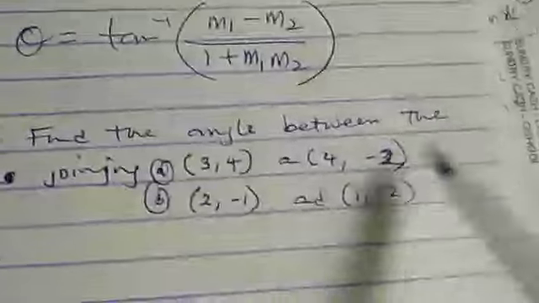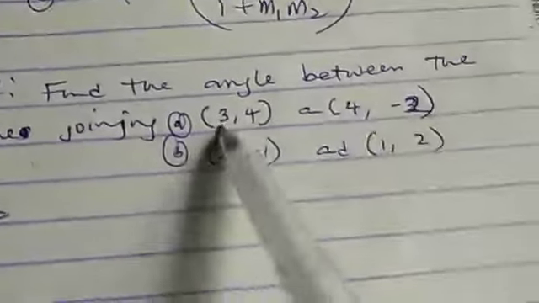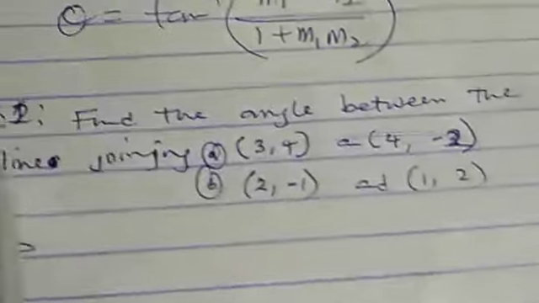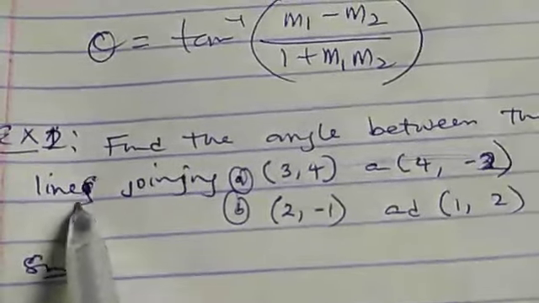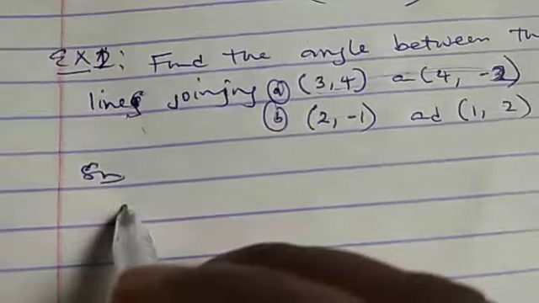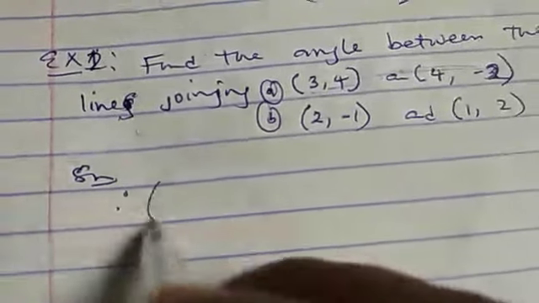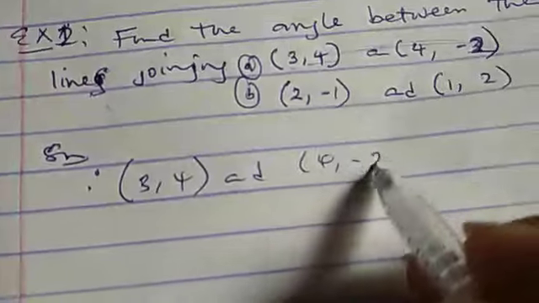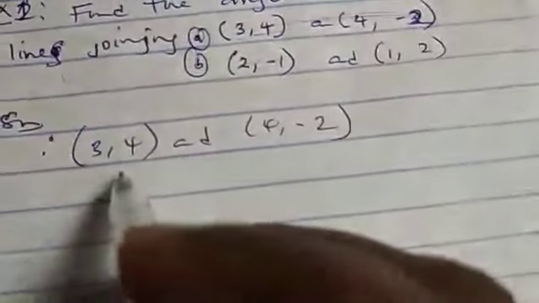Example 2. Find the angle between the lines joining these 2 points and these 2 points. For the first one, let's consider (3, 4) and (4, 2). So we need to find the gradient of this line.